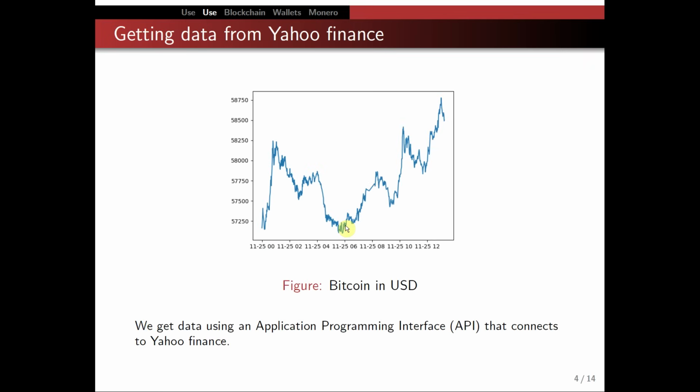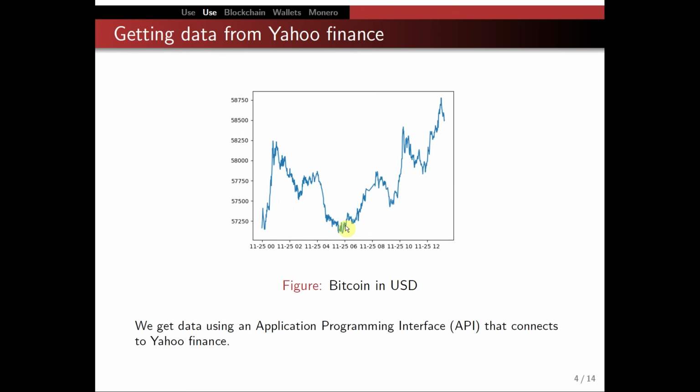Now, also from the investment perspective, it's always useful to have access to data. And I want to show you one very convenient way to access data using an application programming interface, or API in short. Now, APIs are plentiful. There are many APIs that can be used.